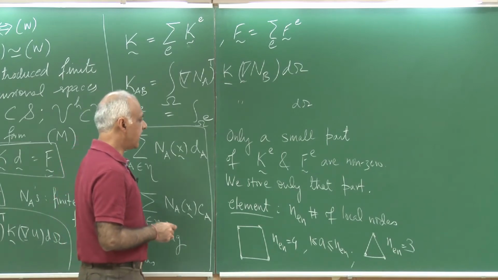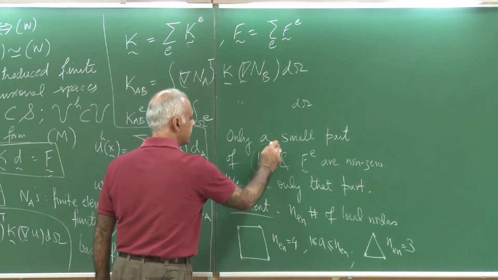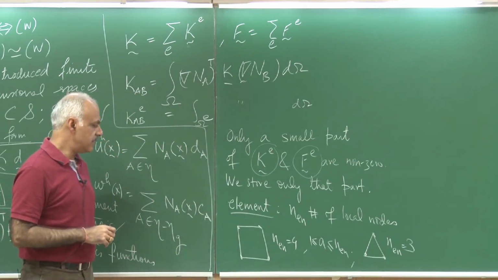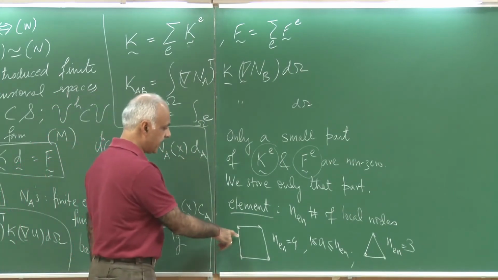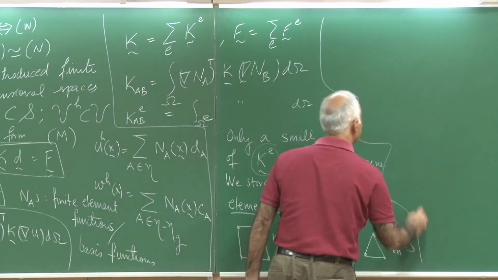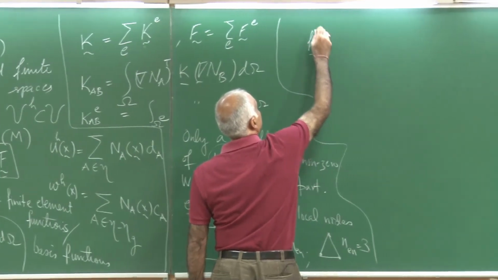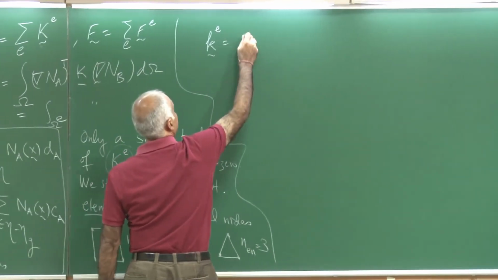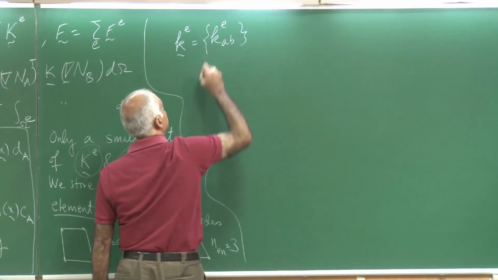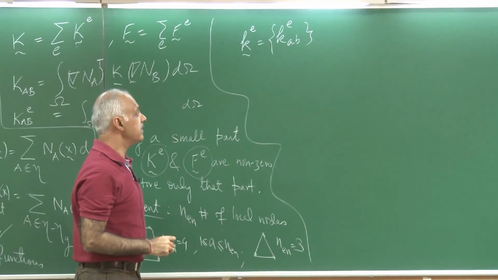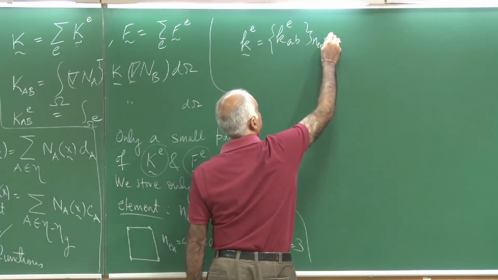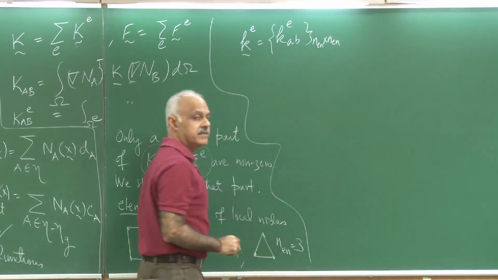So, the idea is that instead of storing these KE's and FE's, which are actually very large matrices, we can now store KE's at the element level, and we came up with the following notation. We said KE has these elements Kab E, and the size is NEN cross NEN.